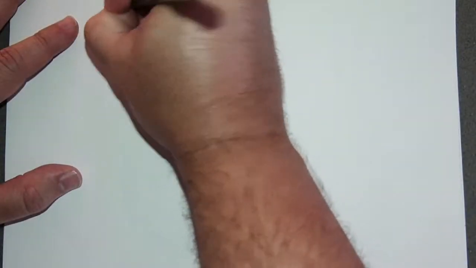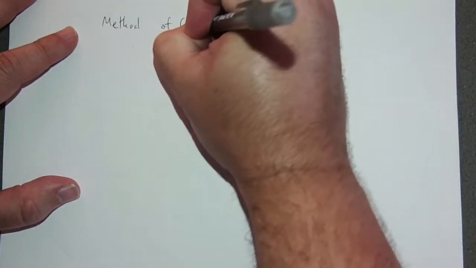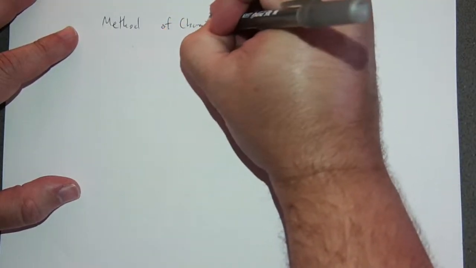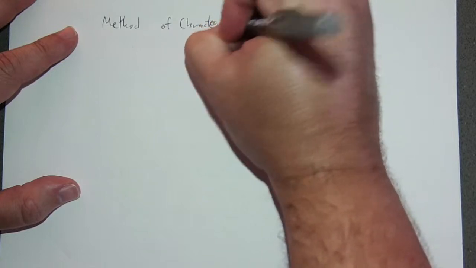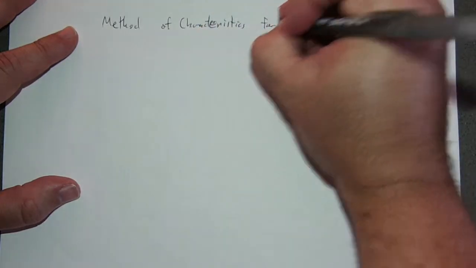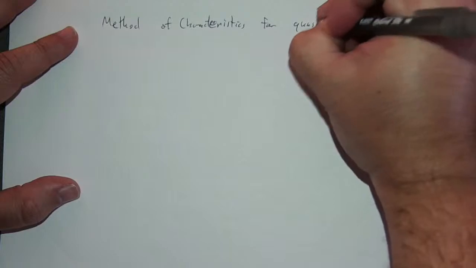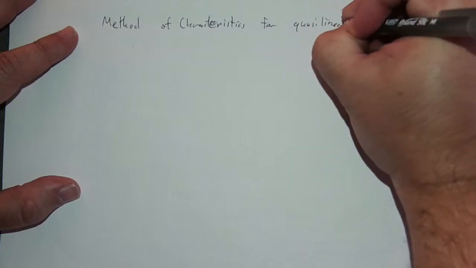Okay, and so now, what do we want to do? Now we want to talk about the method of characteristics for quasilinear equations.